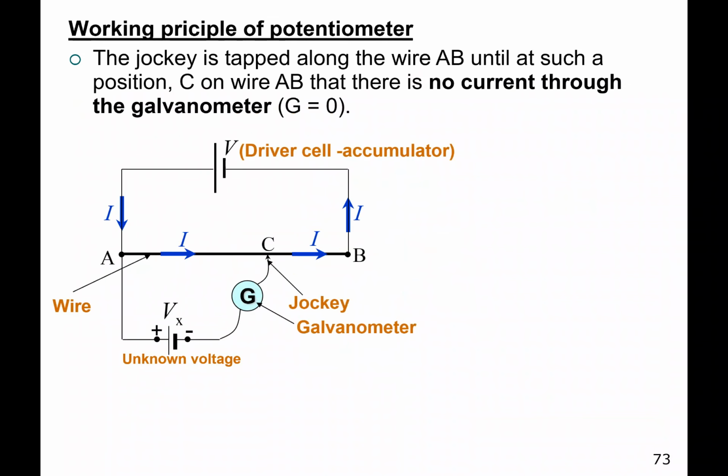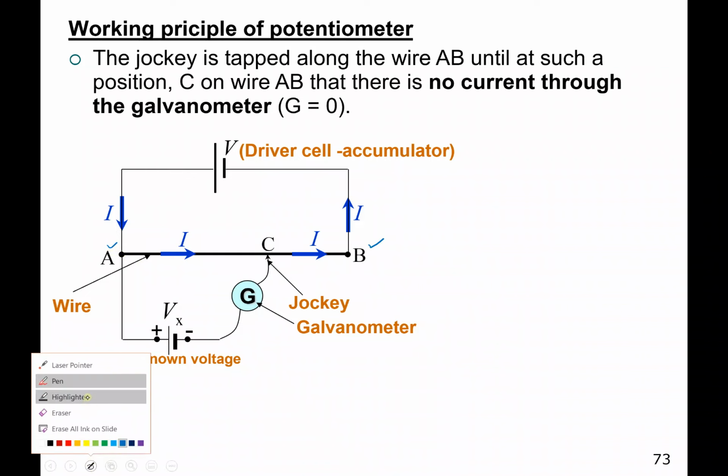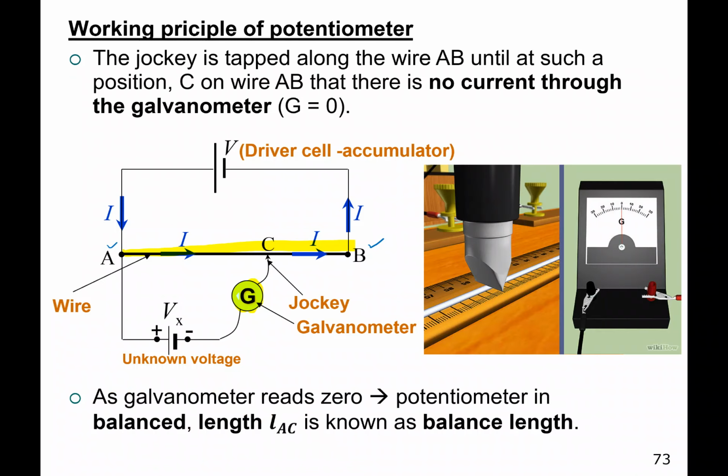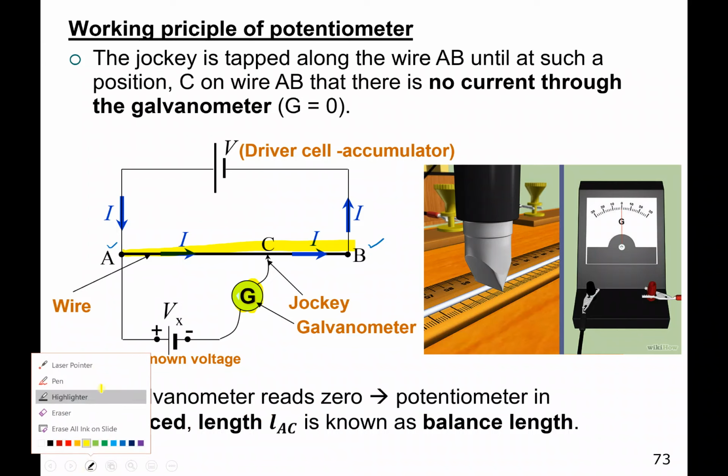Okay, how does the potentiometer work? Actually, the jockey is used to tap along the wire from A to B. That is actually its purpose, to tap along the long wire A to B. When we tap at one point and the galvanometer reads 0, it means at that time there is no current going to the secondary circuit.